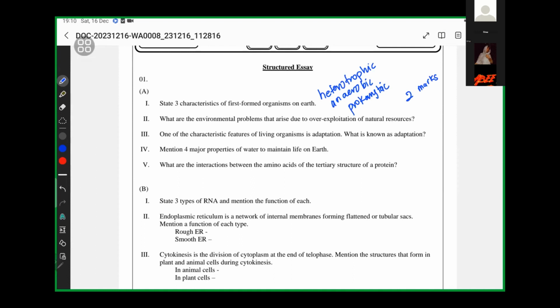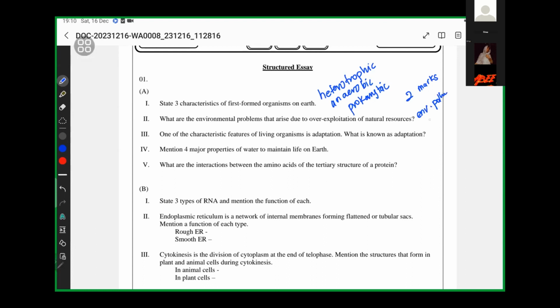The next question is, what are the environmental problems that arise due to overexploitation of natural resources? These are the questions I took from your resource book. The earlier part, students think that is not so important, but they are asking questions from that. So the first one is environmental pollution.